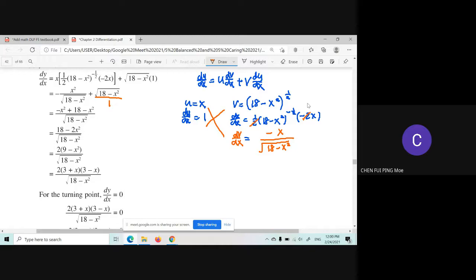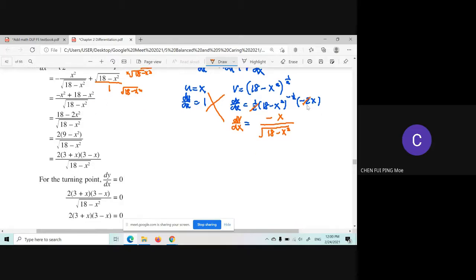It needs to be multiplied by the square root of 18 minus x squared over the square root of 18 minus x squared to simplify. So combining, above you have negative x squared, and the square root multiplied by itself gives the thing inside the bracket, which is 18 minus x squared. After that, the x squared terms combine, getting this part. Okay.